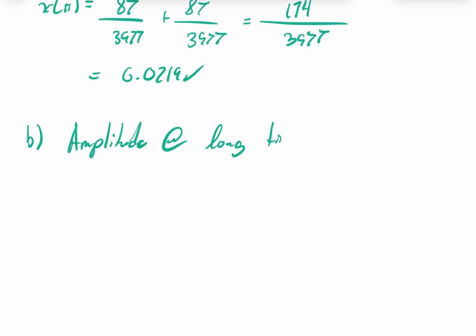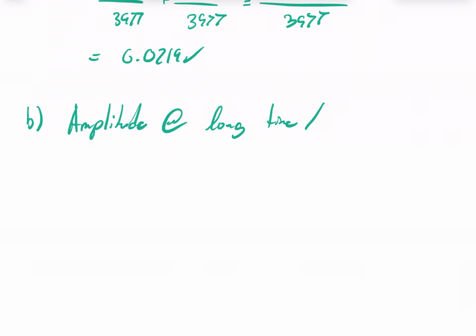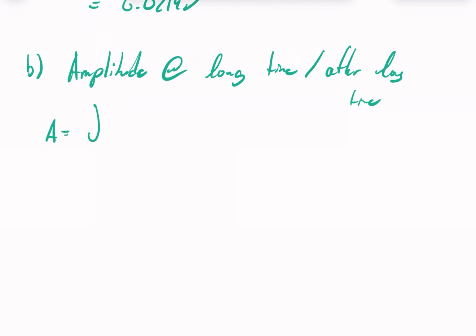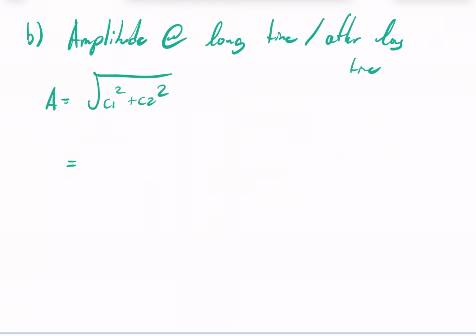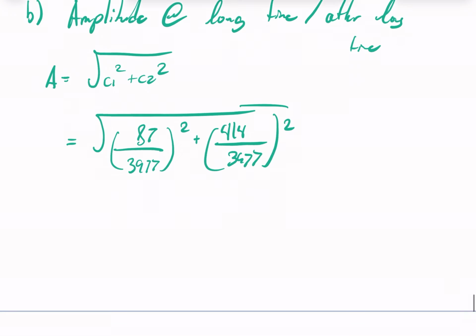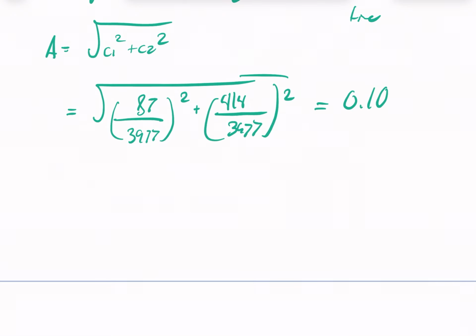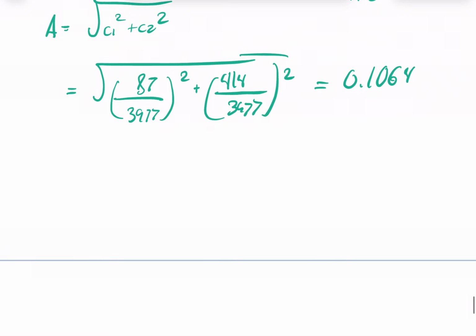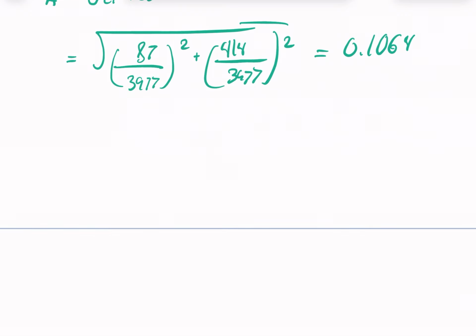After a very long time, a equals the root of c1 squared plus c2 squared, which equals 87 over 3977 squared plus 414 over 3977 squared, which equals 0.1064. Cool. And that is question number 7.